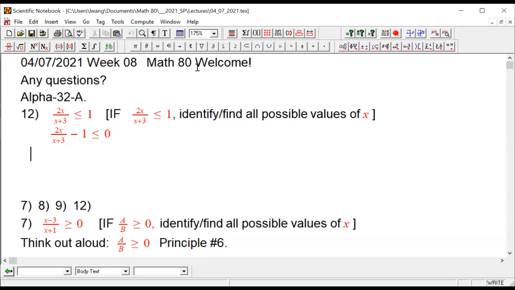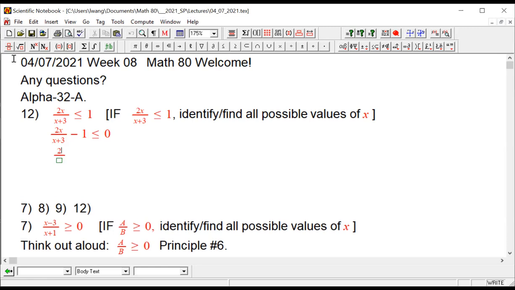And then the common denominator step: 2x over x plus 3. When we subtract the same number on both sides, we don't have to do any switching. So x plus 3 over x plus 3.